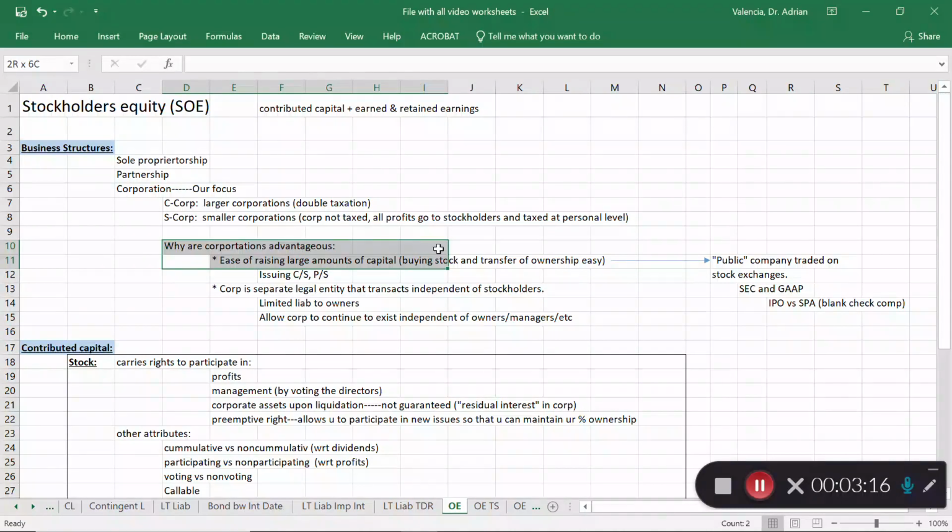And that's a big thing, because through the corporate structure, you can separate who is running the business versus who is owning the business. So the stockholders own the business, but they indirectly manage by choosing or voting the board of directors. And then the board of directors choose management, right? That's in general how it works.